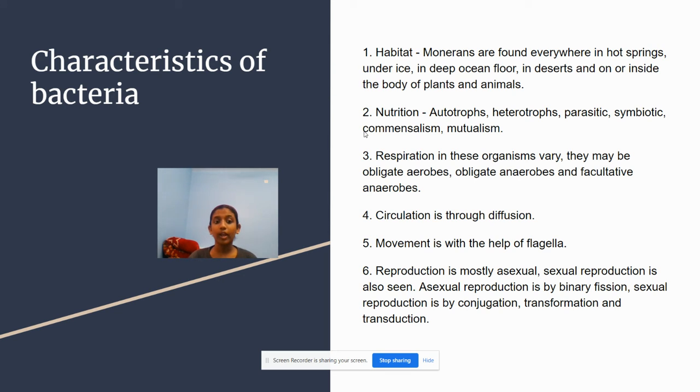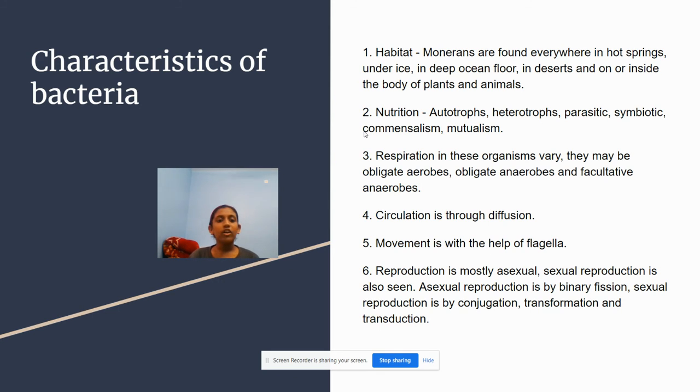They do their respiration only in the presence of oxygen. In the absence of oxygen, it doesn't happen. Obligate aerobes are strict aerobes. Facultative anaerobes can do both aerobic and anaerobic respiration, in both the presence and the absence of oxygen.